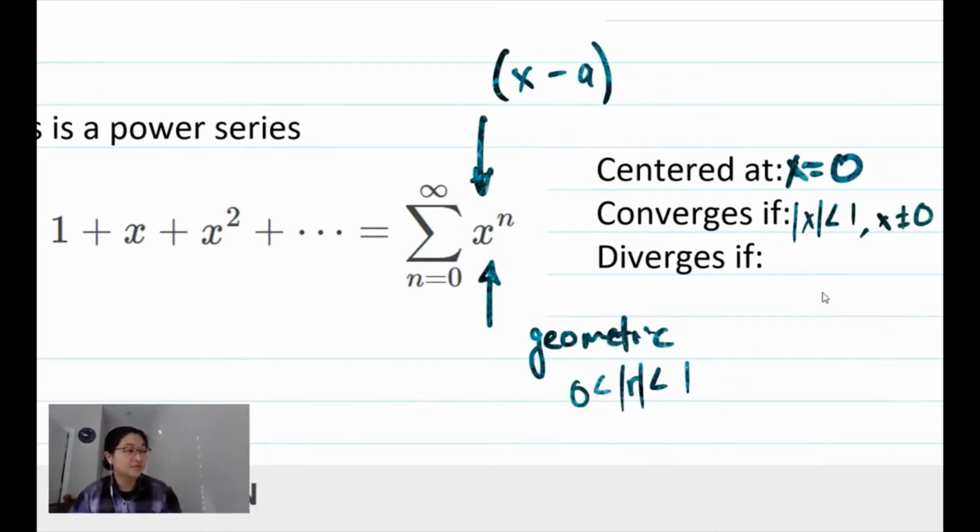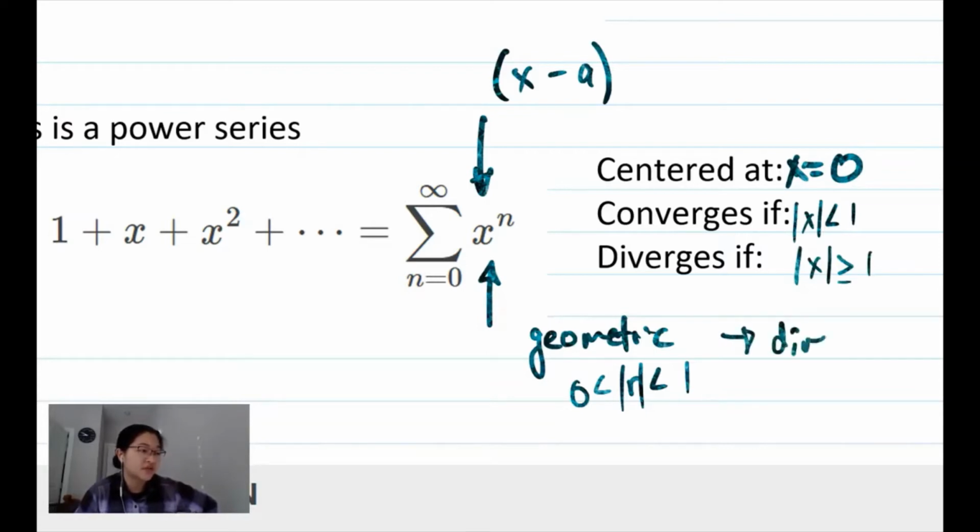Right, because if it's 0, although it does converge still, because if you plug in 0, you're getting convergence no matter what. When x is 0, it doesn't matter how many terms you're adding up, you're going to get convergence because it's just 0. And then this series diverges if you have the absolute value of x greater than or equal to 1, right? Because that's when our geometric series diverges, when the absolute value of r is greater than or equal to 1.